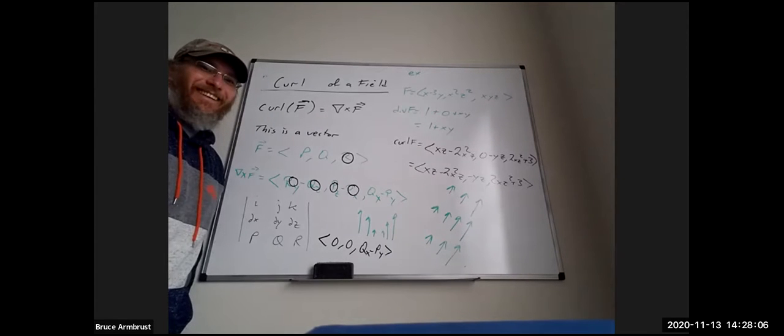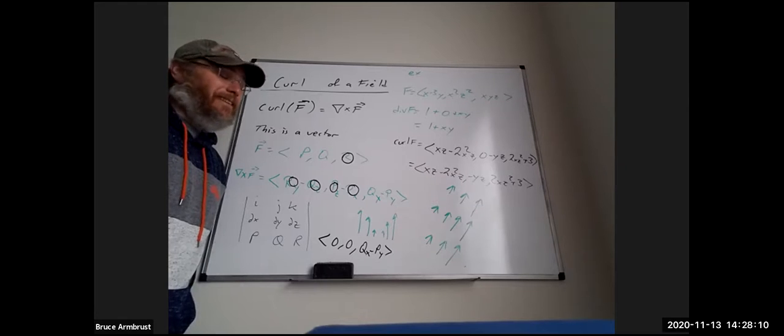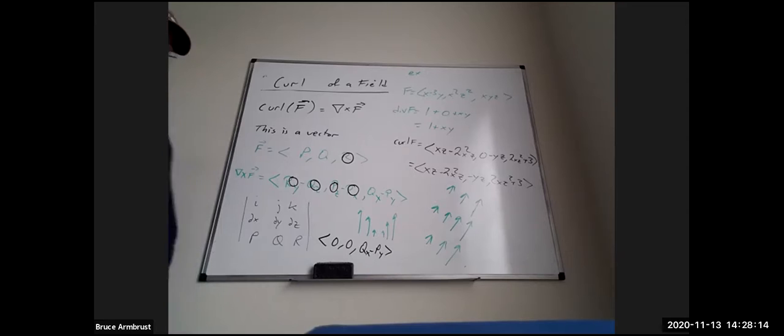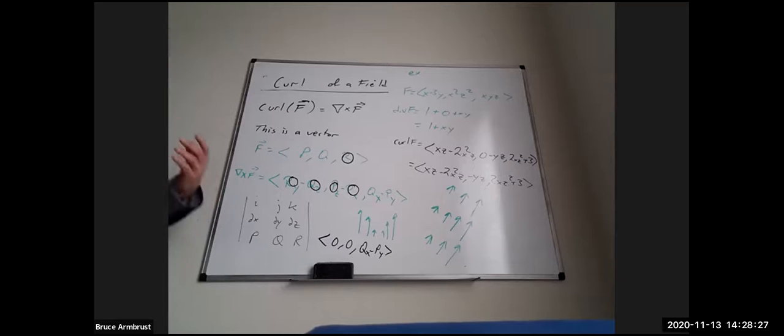It's kind of crazy, but we can actually relate this stuff, curl and divergence, back to what we were talking about before. That makes sense, because conservative fields and Green's theorem and all that.